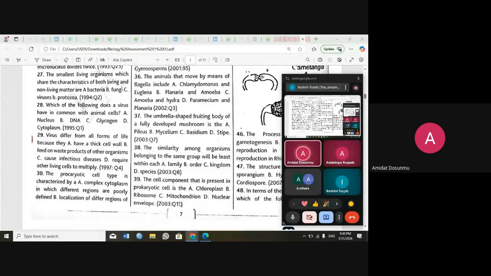Because chloroplast is found in plant cell, and plant cell and animal cell are under what? Eukaryotic. That's very good. Now let's scroll up.